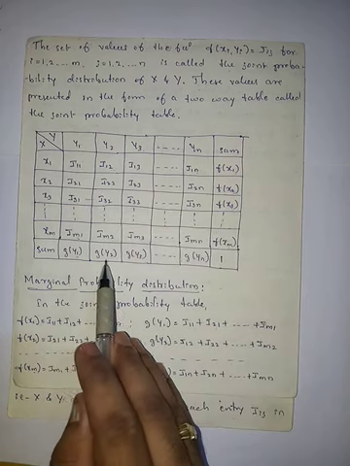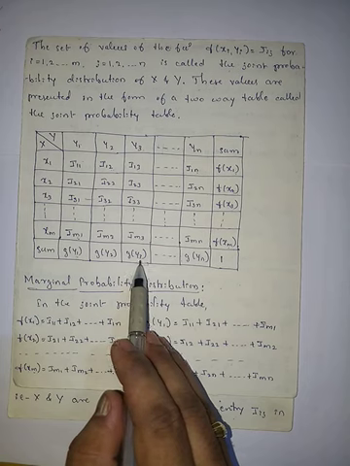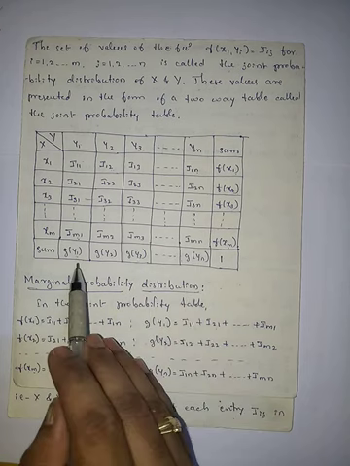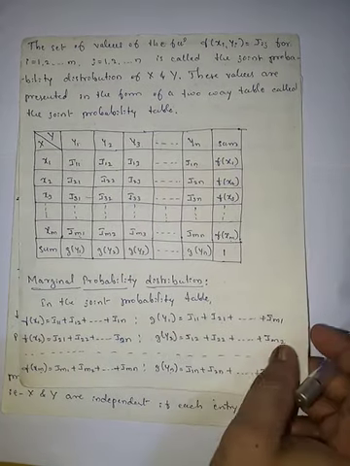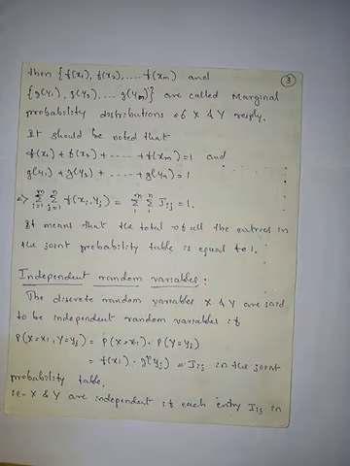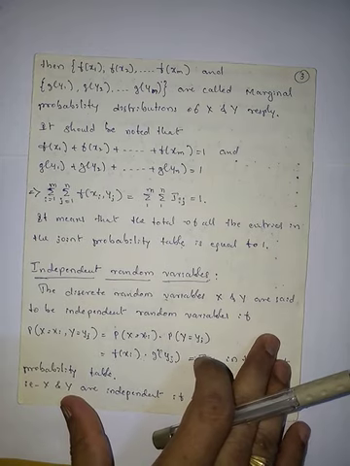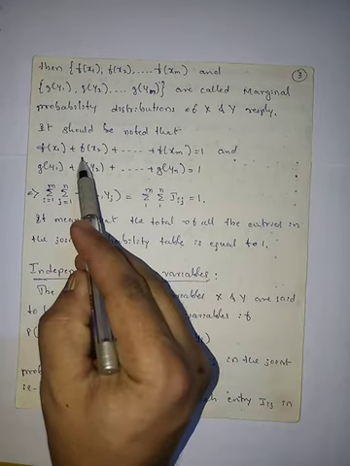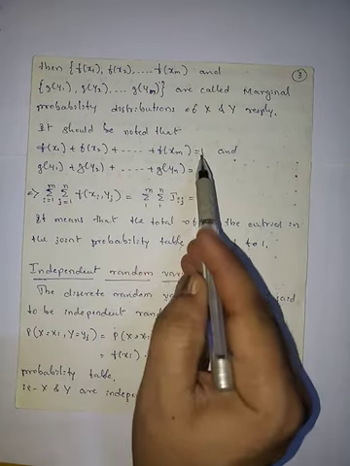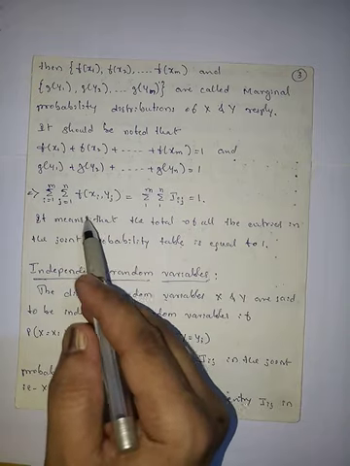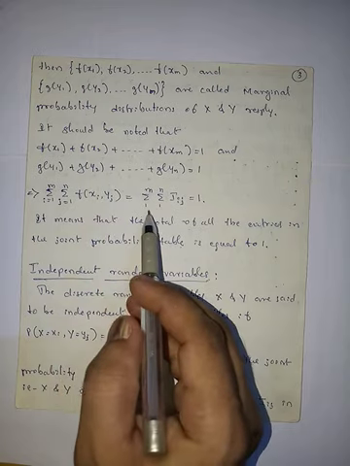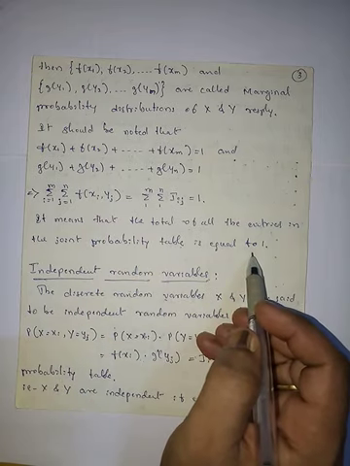And g of y1, g of y2, g of y3, and so on up to g of yn are called the marginal distribution of y. It is also discussed in the table that these sums must be 1, and the sum of all the entries must also be 1.